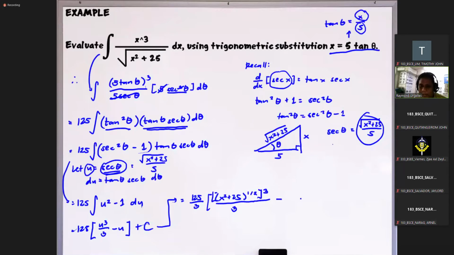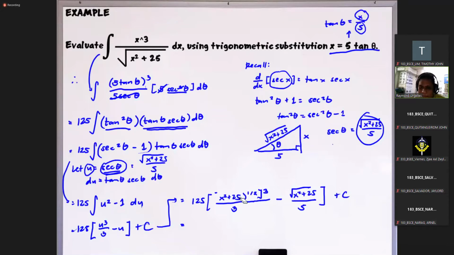So then, we have minus u. So again, that is square root of x squared plus 25 divided by 5. Okay? So then this is plus constant. So 125 lang pala to.